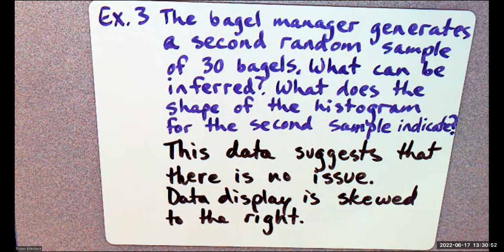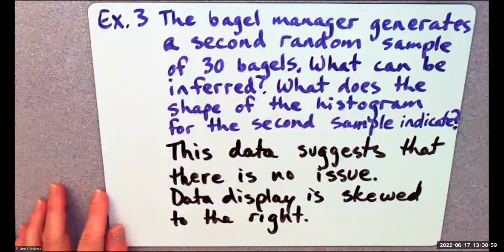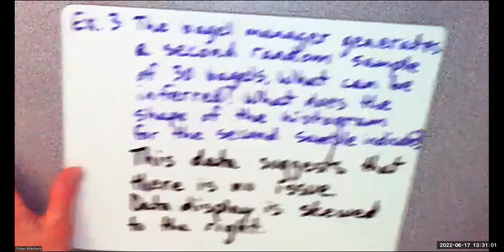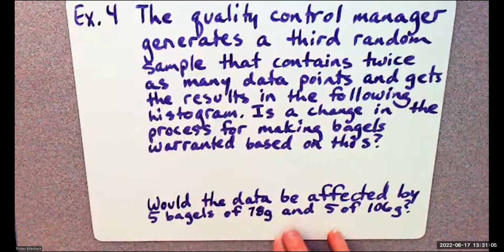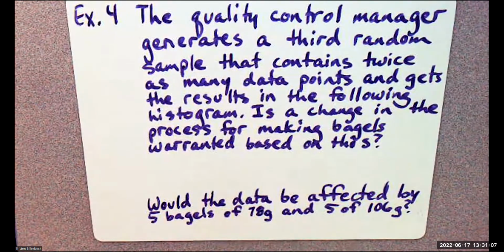All right, but because this is the manager saying there's no problem, the quality manager steps in. So the quality manager says, hey, the customers have a problem. The first data suggests that they are correct. The bagel manager's data says there's no problem.